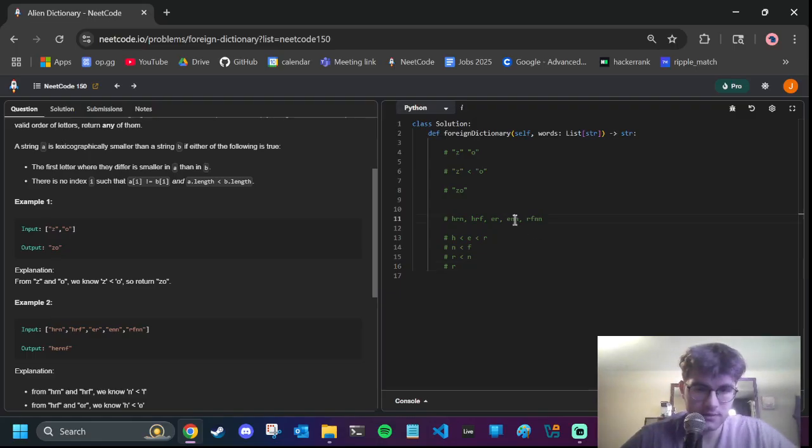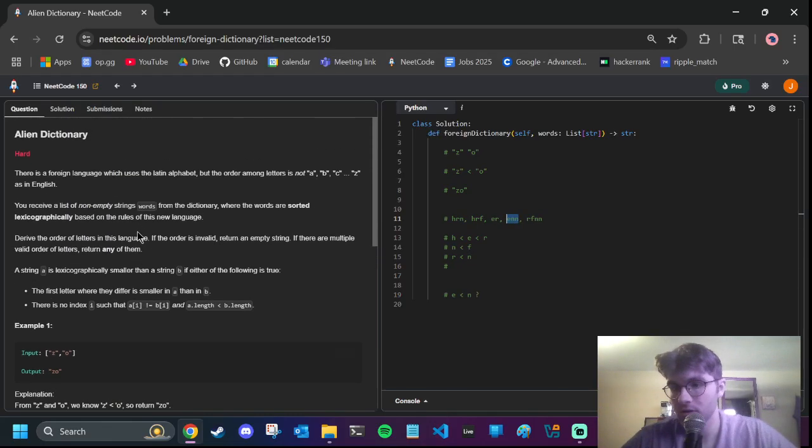So my question is, is it true that we can derive that E is less than N? Because is each word sorted? I don't think necessarily.